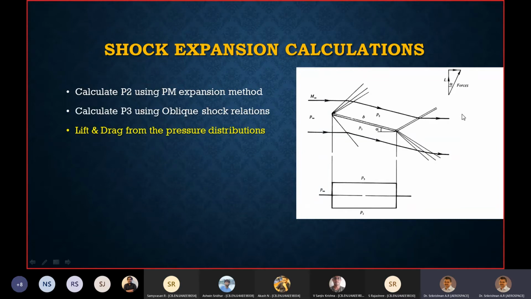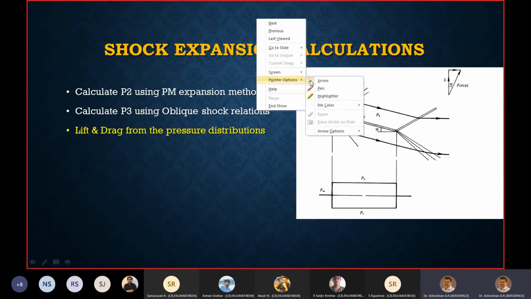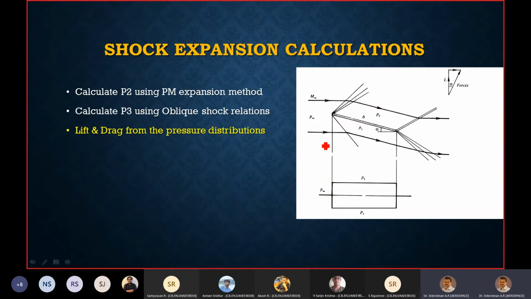Just see the image here. We'll be working out the problem, but I want you to be familiar with what we are talking about here. So you have a thin flat plate at an angle of attack. The angle of attack is alpha, which is marked here.